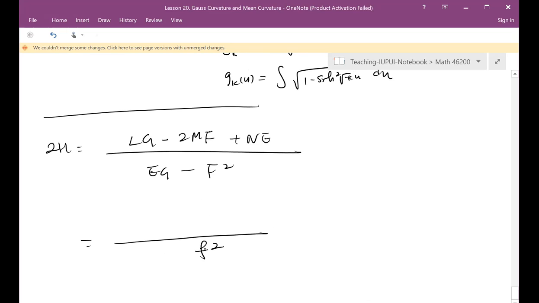And Lg, f prime g double prime, that's L, minus f prime g prime, and the g is f squared. Since m and f are all 0, it's 0, plus n is f g prime, and e is just 1.